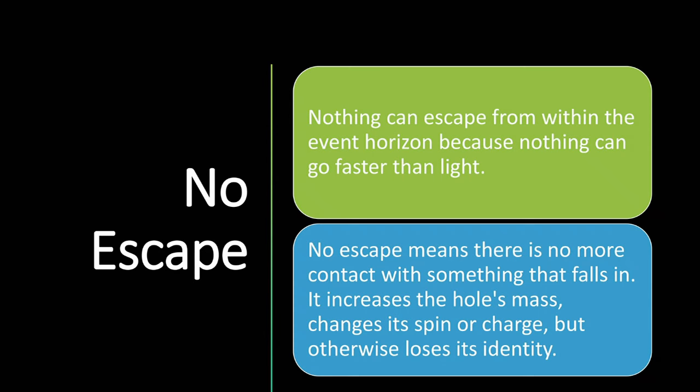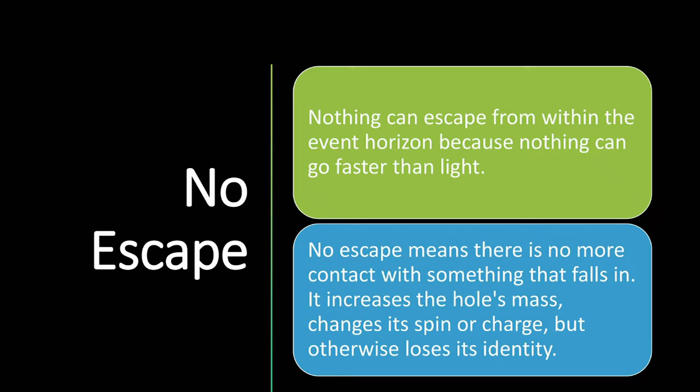But the stuff that falls into the black hole does have consequences to the black hole, in that the black hole's mass can increase. If you have charged particles falling into the black hole, then the black hole will obtain those charges, and then angular momentum is going to be conserved as well.